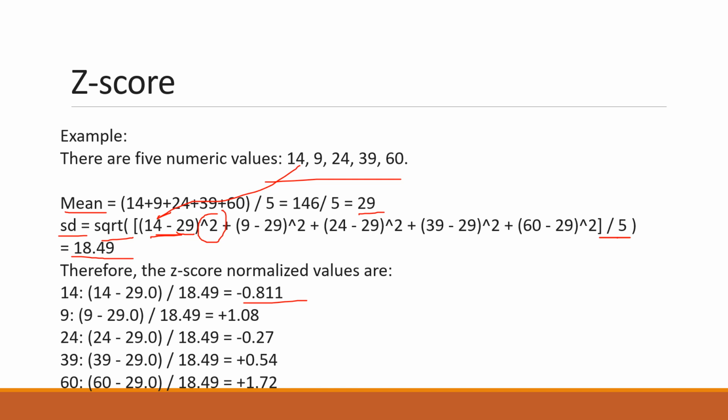Similarly, we have computed the z-score normalized values for the other 4 values, 9, 24, 39, and 60. The resulting z-score normalized values have a mean of 0 and a standard deviation of 1, which is the desired property of a standard normal distribution.